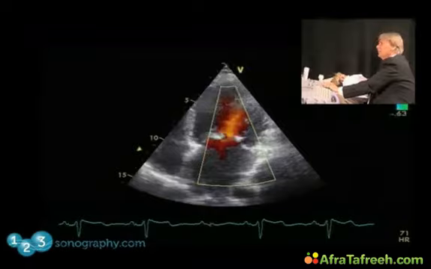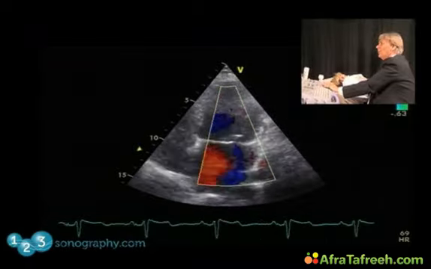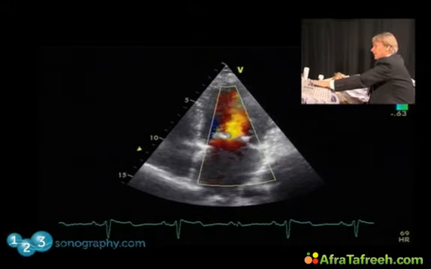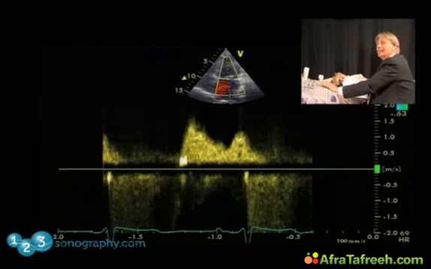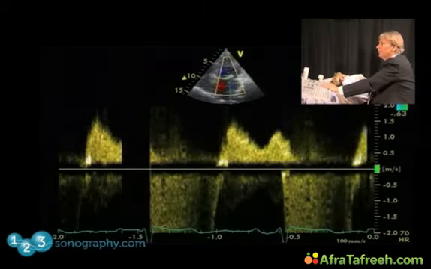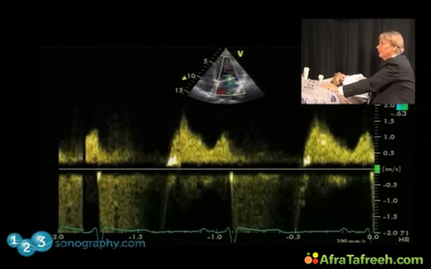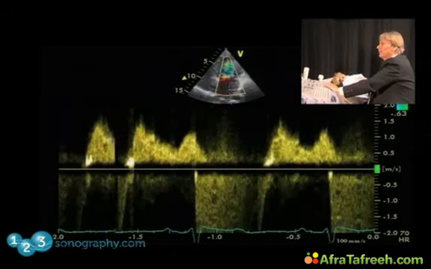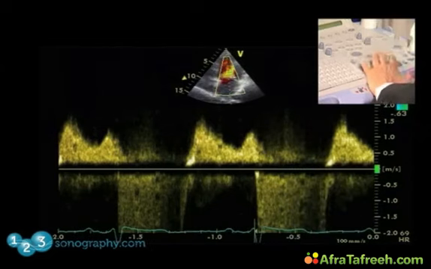So we'll try to get a good candle flame signal here and use that as a guidance to put the continuous wave Doppler through the valve. We'll put the focus point in the valve as well. And here we have the spectrum.